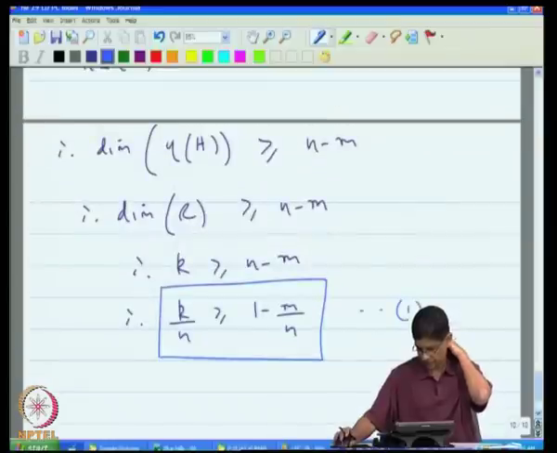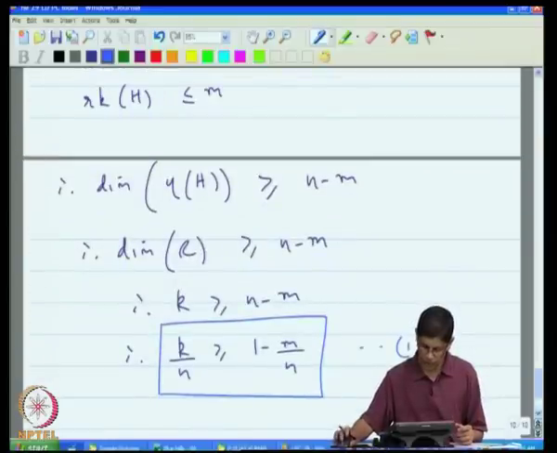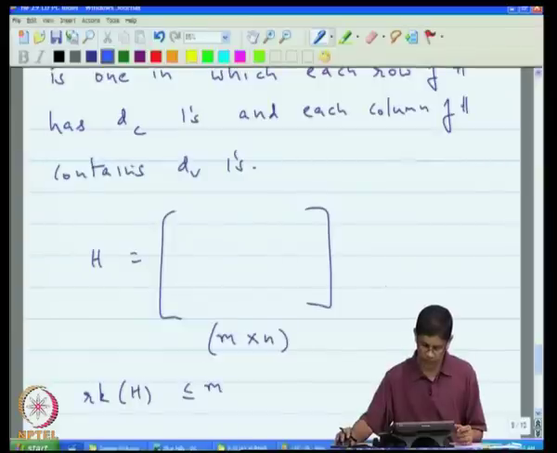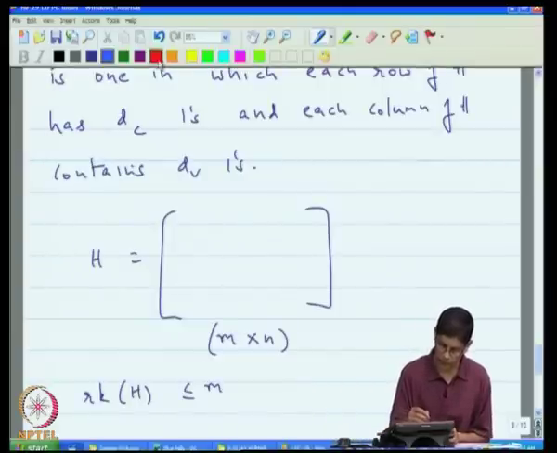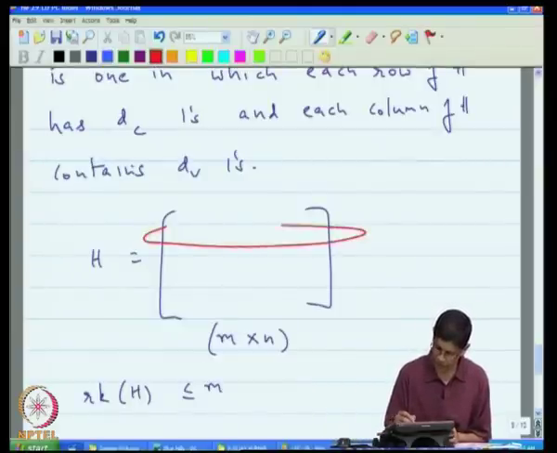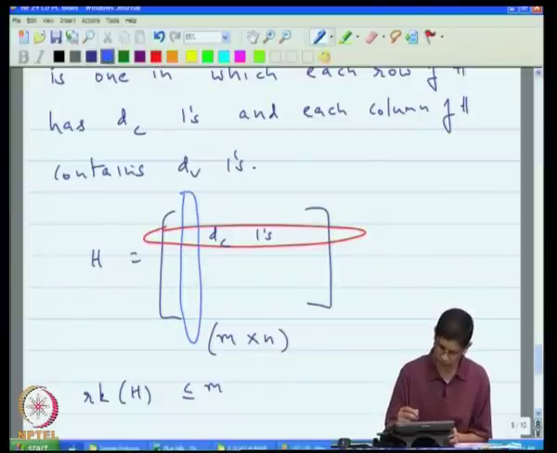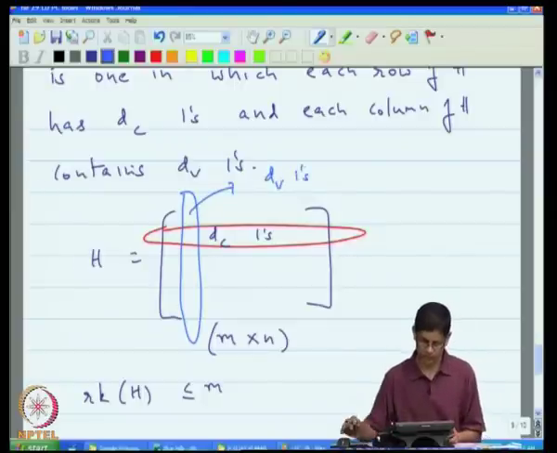All right. Now, in the case of a (d_v, d_c) regular code, every row of this matrix will contain precisely d_c ones. On the other hand, every column will contain d_v ones.